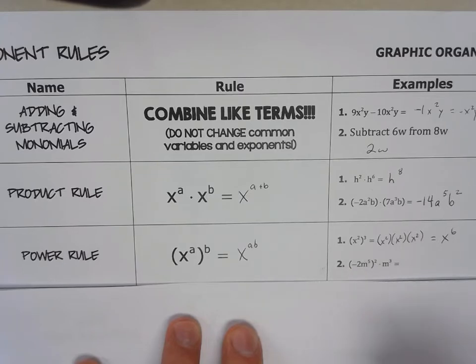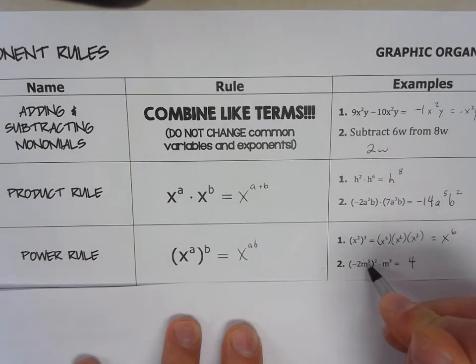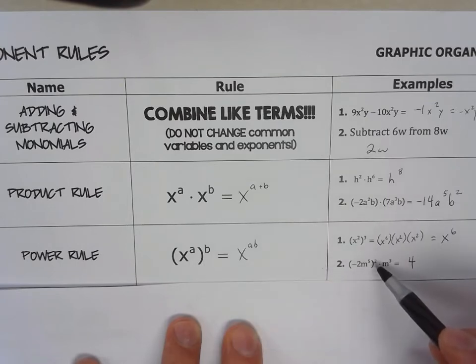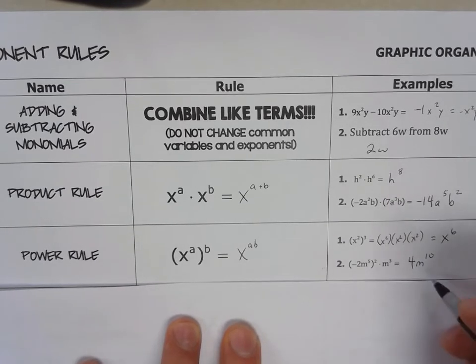So if we have negative 2 squared, that's negative 2 times negative 2, which of course would be a positive 4. M to the 5th squared, we'll use our power rule again, ab, so that's 2 times 5. So we have m to the 10th. And then we still don't forget about our m to the 3rd here, so I'll just say times m to the 3rd.